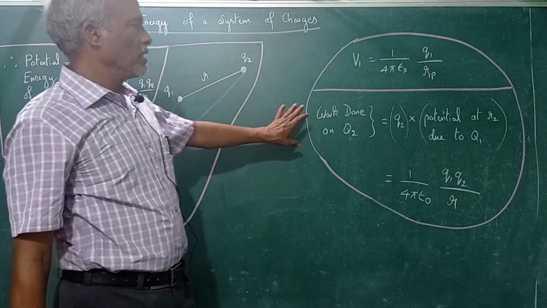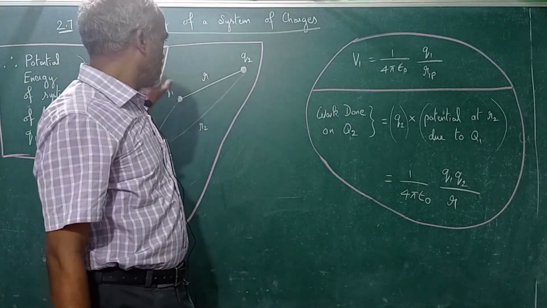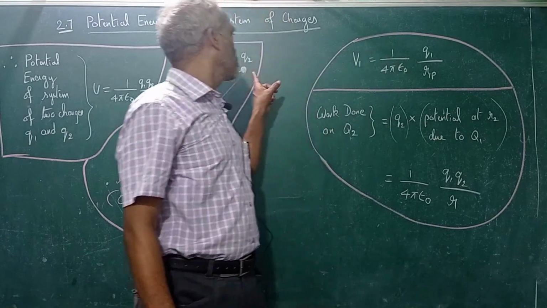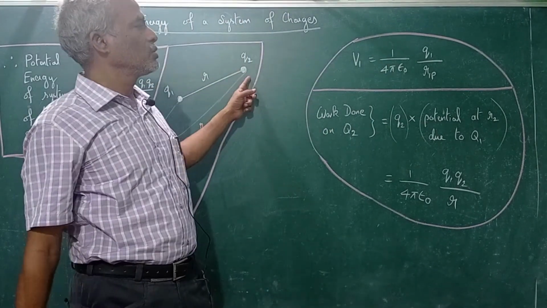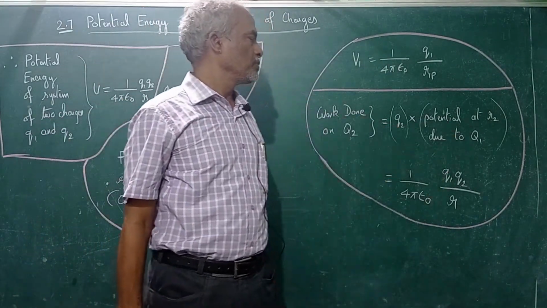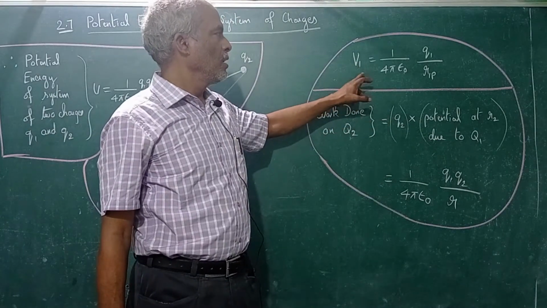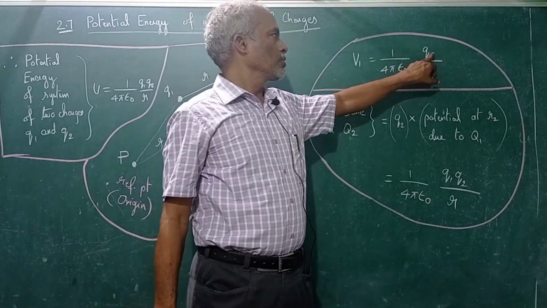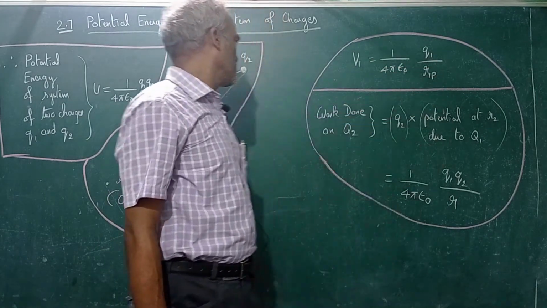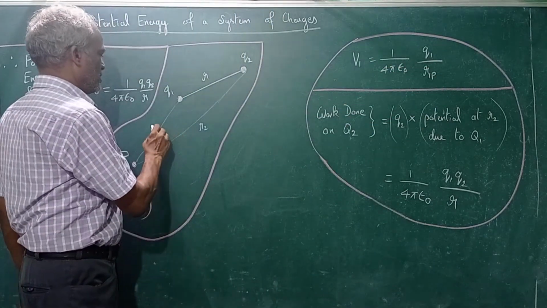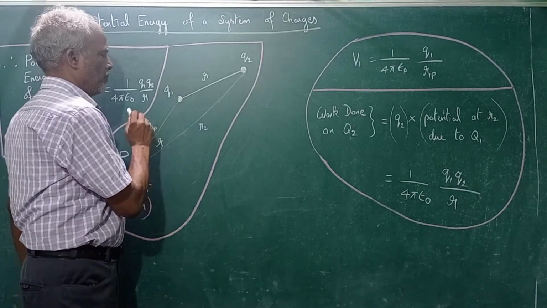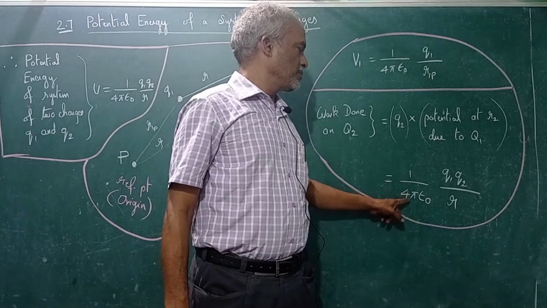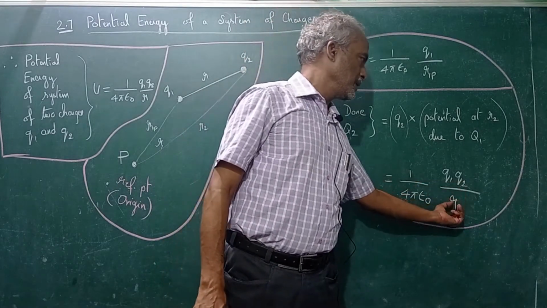So what we have, work done on q2 because of this charge q1 is equal to q2 into potential at r2, this distance is r2, due to q1. So the potential because of q1 is 1 by 4 pi epsilon naught q1 divided by the distance r1p. Actually this distance is r1p. Therefore 1 by 4 pi epsilon naught q1 q2 divided by that distance.